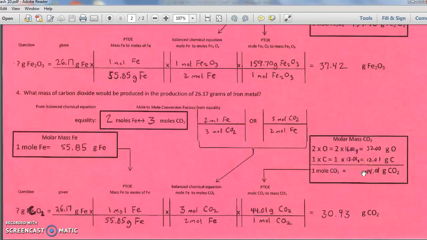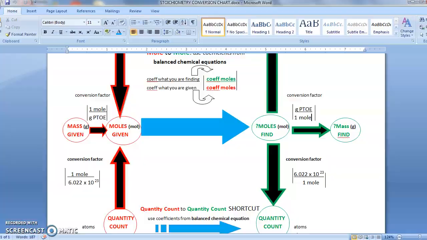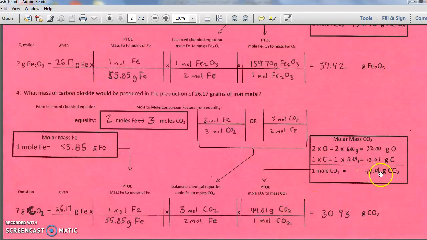Which one's going to go on top? Grams on top on the conversion factor. So the 44.01's on top, moles on the bottom. If you don't have that chart handy, if this is moles of CO2, that has to be moles of CO2.